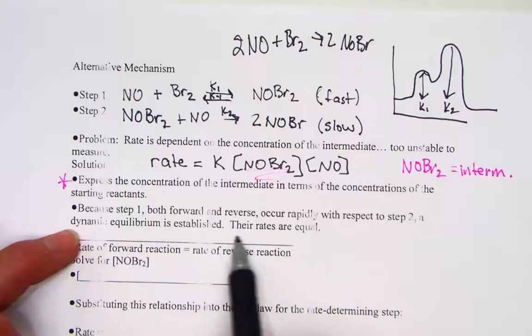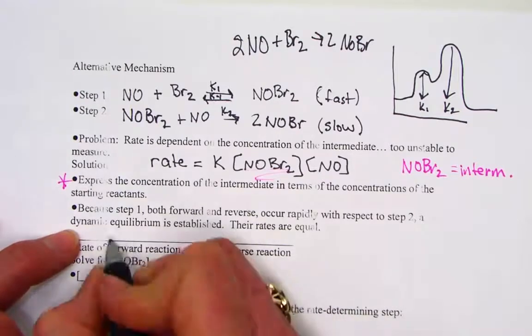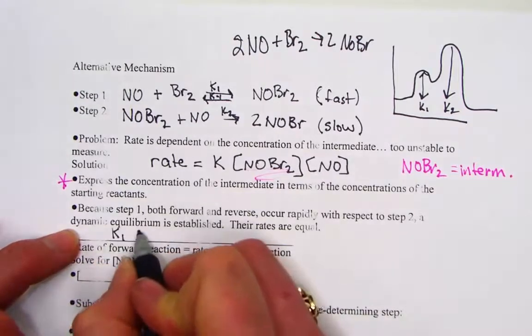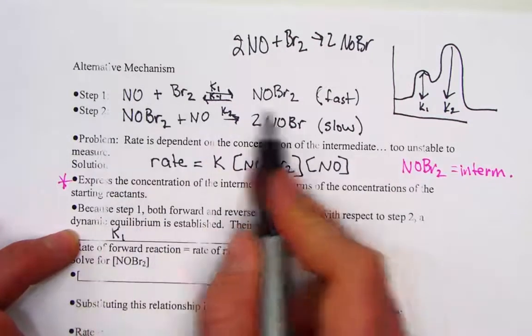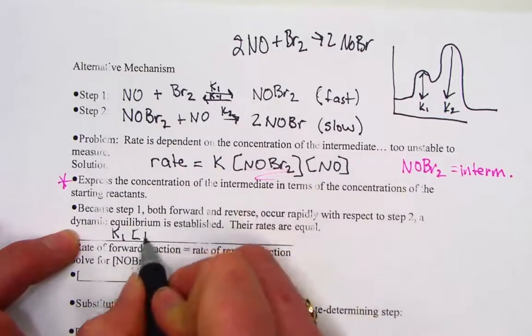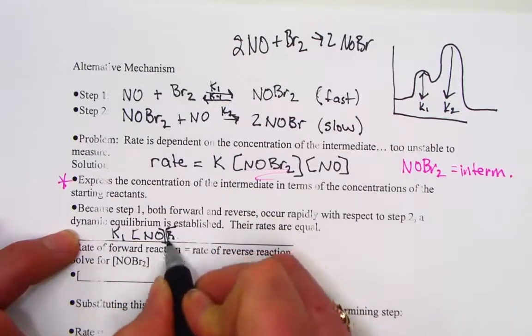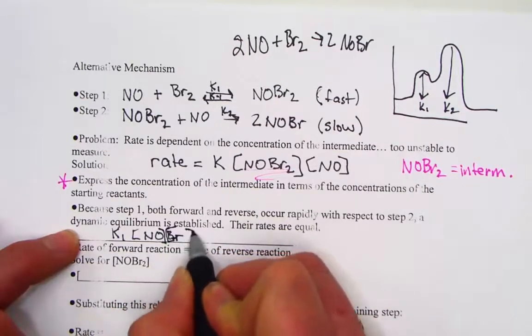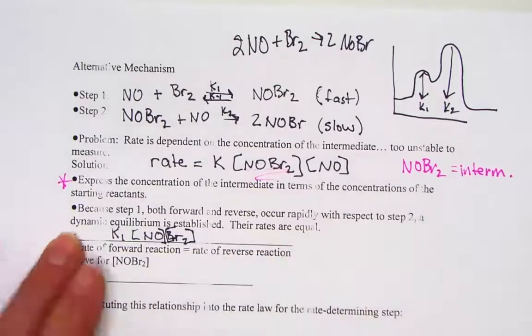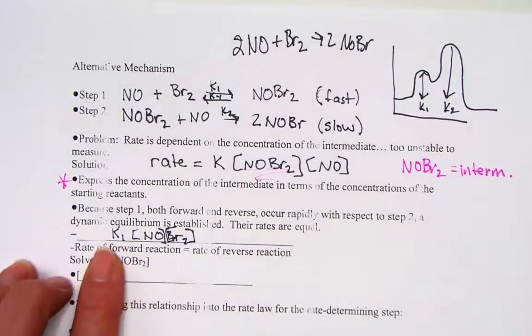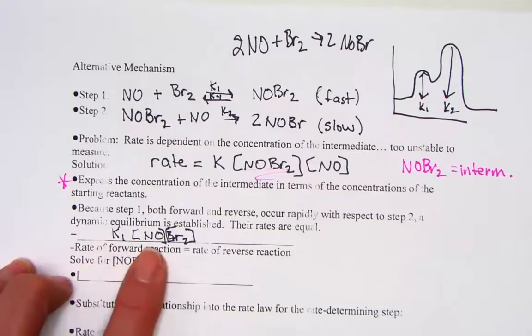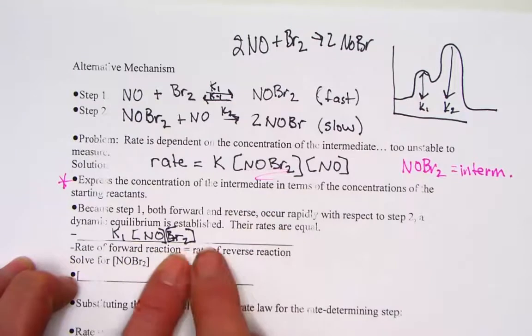Their rates are equal. So just thinking that through, k1, the forward reaction, would have a rate law that looks like NO, Br2, both first order. So rate is equal to k times the concentration of NO, first order, and Br2, first order.